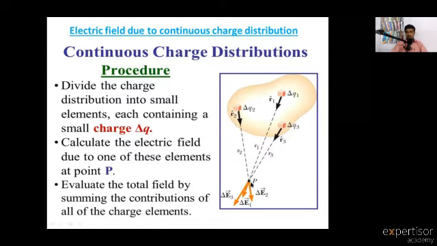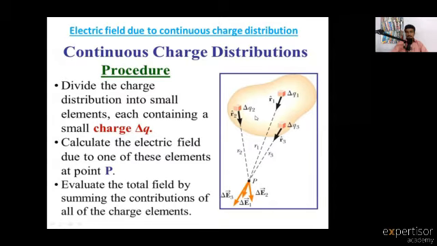At point P, there are three different electric fields: delta E1, delta E2, delta E3. These three electric fields are generated by delta Q1, delta Q2, delta Q3. So this is the information in this diagram.